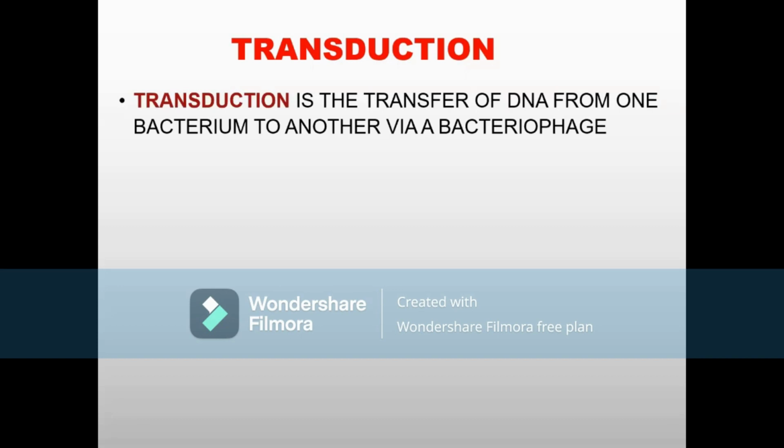Previously we discussed transformation, when a foreign DNA molecule gets transferred into the competent cell. Then conjugation requires physical contact from the donor cell to the recipient cell; transfer of the gene or DNA takes place by physical contact.